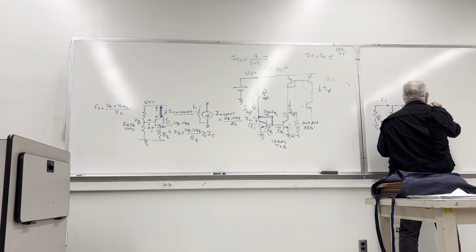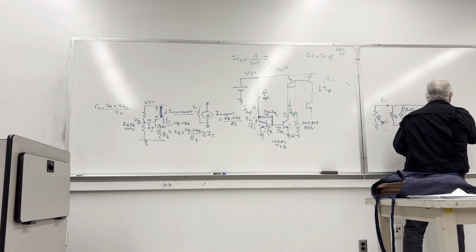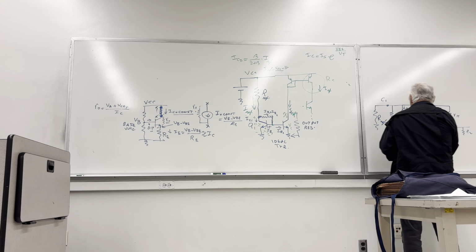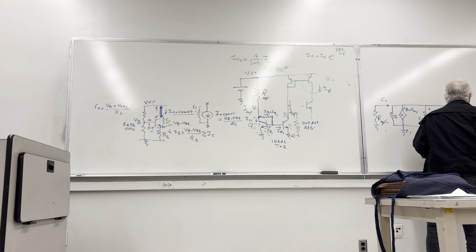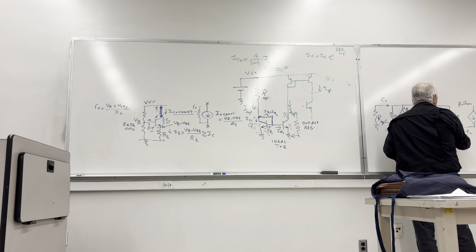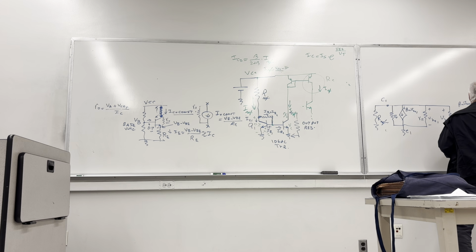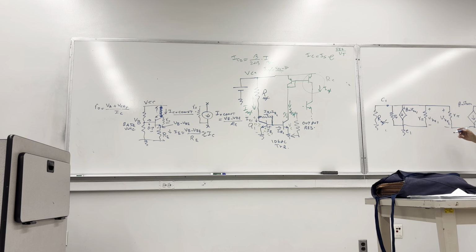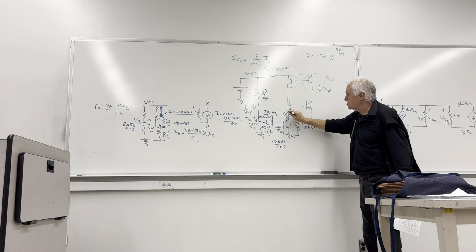Given this, you then go to the next one, R pi of the second transistor, emitter of the second transistor, this is E1, going to that source, which is GM multiplied by VBE2, this is the VBE of 2, and then going to the RO. This is the collector of transistor 2, emitter of transistor 2, and this is what we are looking at. If you call this X, this is where we are looking.